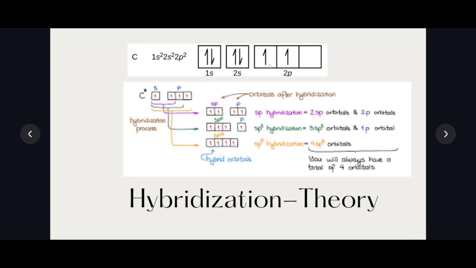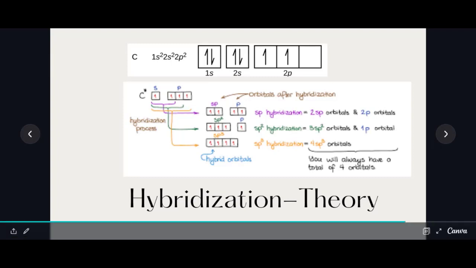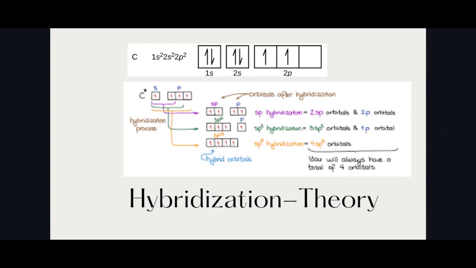So we have the 3 original ones, and then we have the promoted one, which is that guy. I hope that made sense, but this theory is a bit tricky to understand. Just know that the elements, especially carbon, will promote, and then this promotion will cause a mixing of orbitals. And those open orbitals, since they only have 1 electron on them, like notice with the 1 electron here, other elements can go ahead and mix with those.